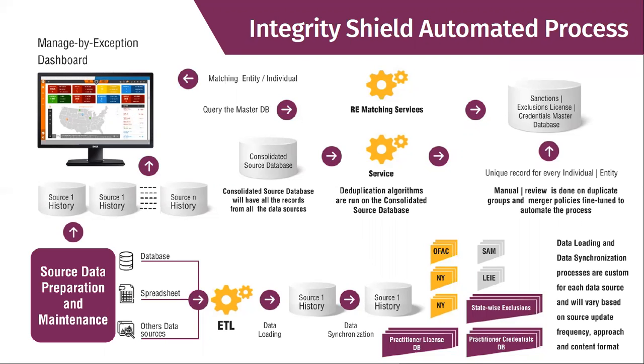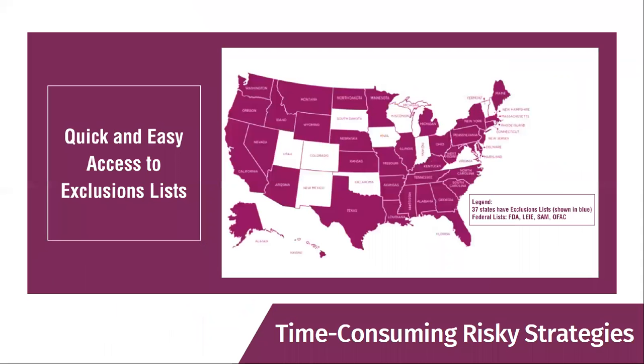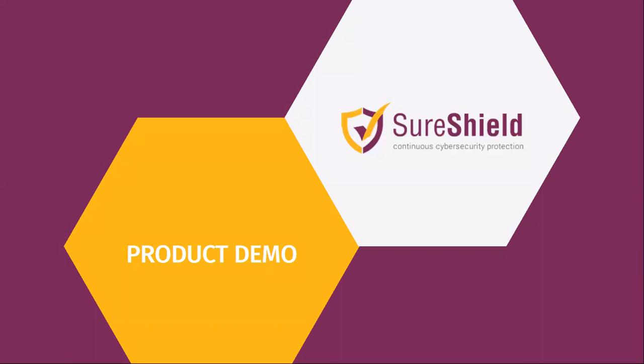Then you're getting a dashboard view and queries and information about any changes in that history. And there are even additions now. There are a few states that don't have exclusion databases, but there's now over 40, I believe 45, different databases that we're checking nightly.